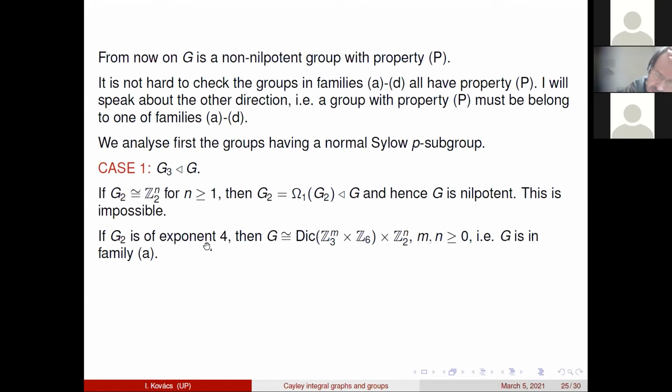If G2 is exponent 4, we have a normal free subgroup, and we just use the same idea which we used in the previous proof when we studied the class G4. So you have a normal free subgroup, you have an element of order 4, and the action on G3 must be fixed point free, and you can get the dicyclic groups.